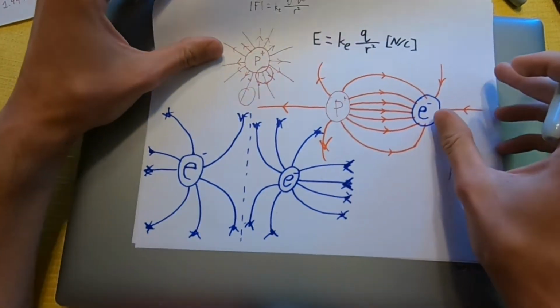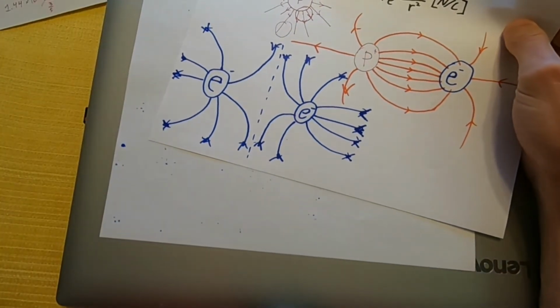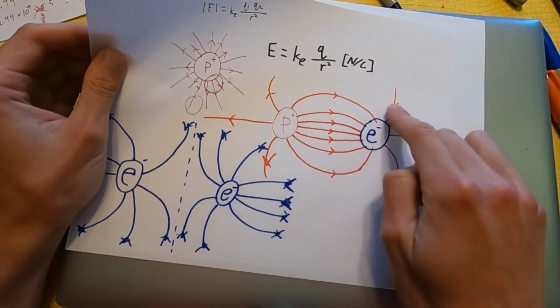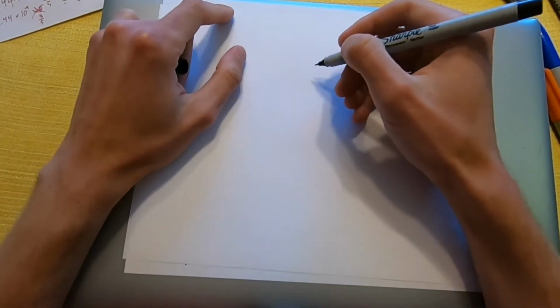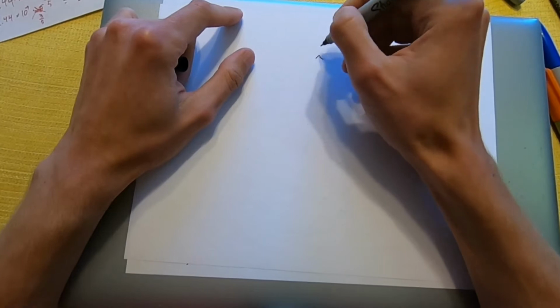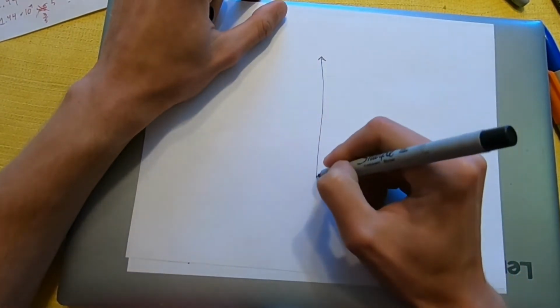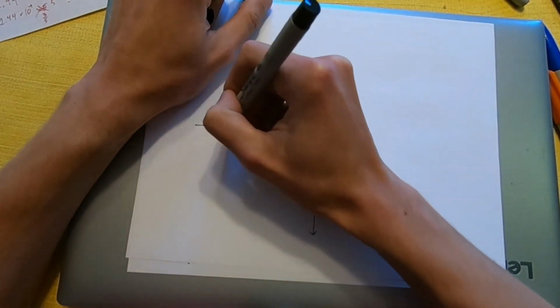But yeah, so let's shift gears here. Let's say we want to know exactly what the field is, given our proton and electron situation here, for a given point in space. So we're going to draw a coordinate system. So we got our y-axis right here. The x-axis is going to be right here.